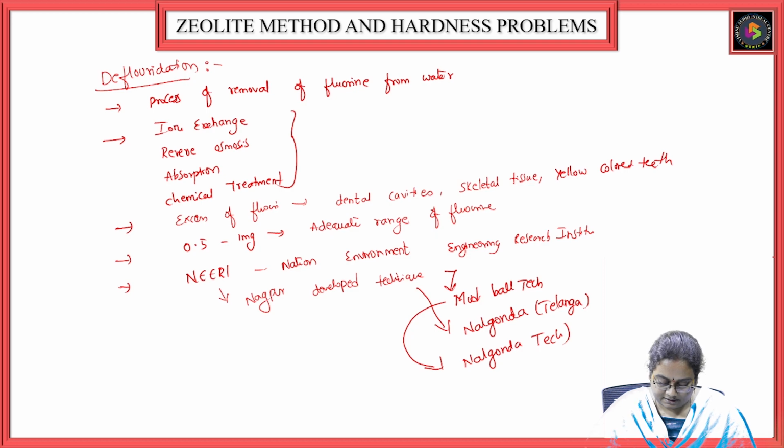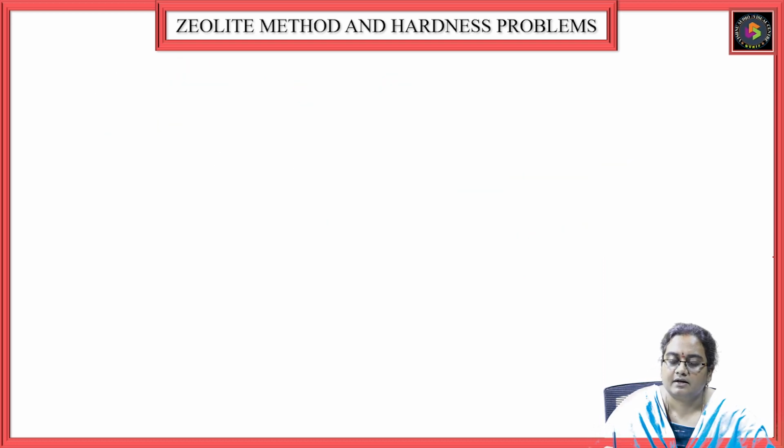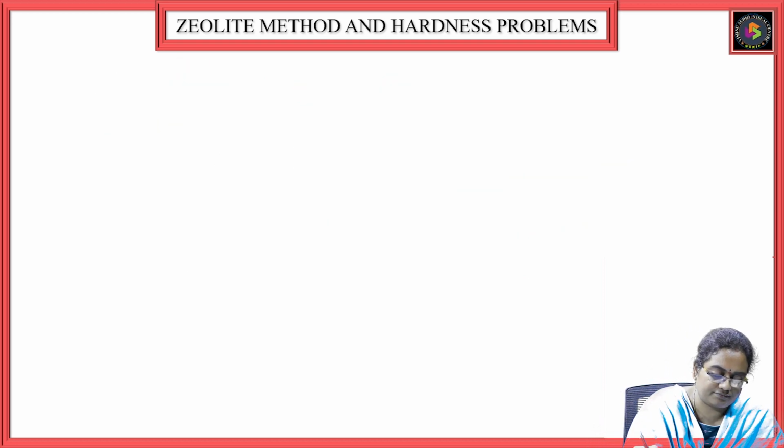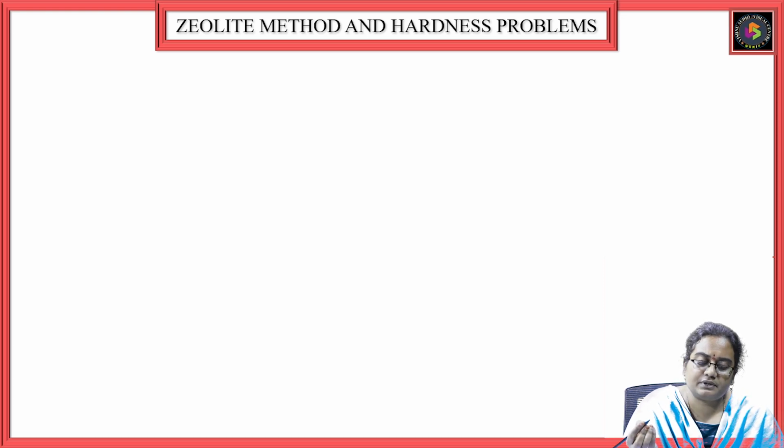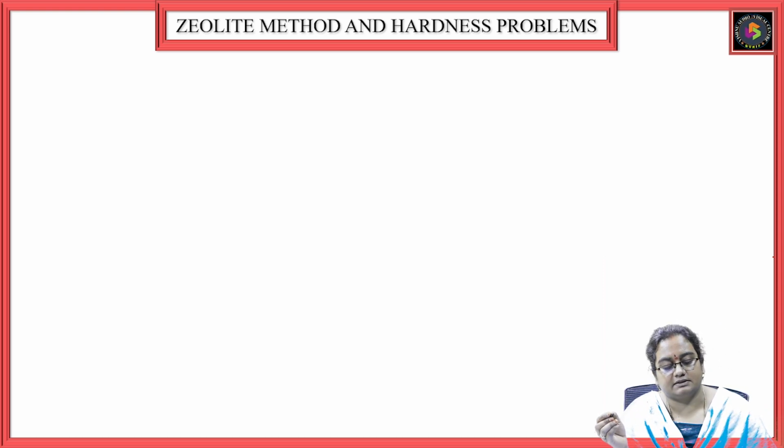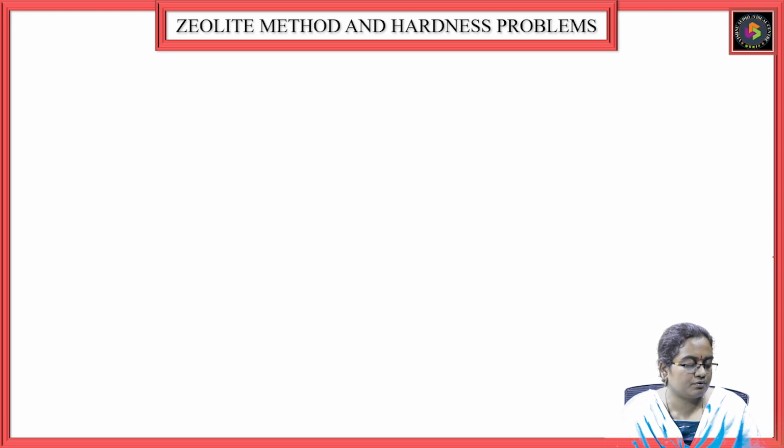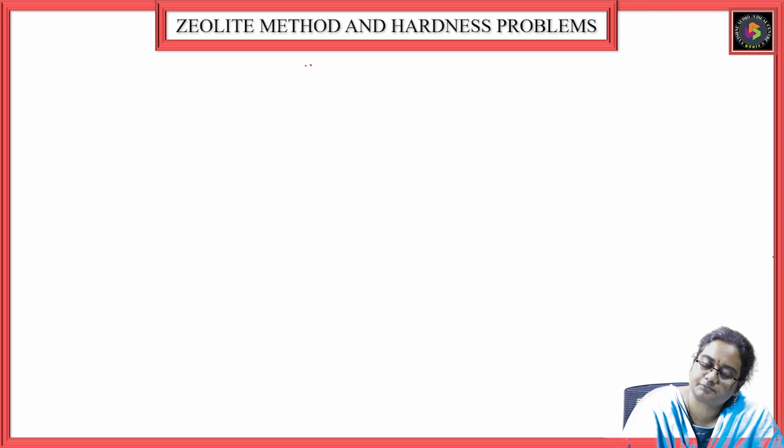So what do we mean by this Nalgonda technique? Here, this Nalgonda technique consists of very simple chemicals. It consists of lime and alum. So the chemicals that we are using are only lime and alum. The first step is flash. Second one, rapid mix.